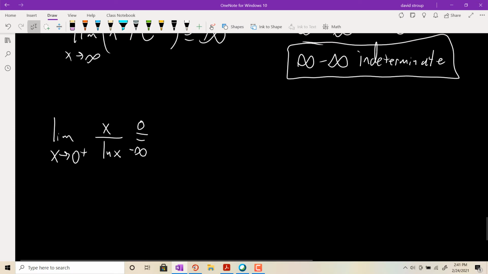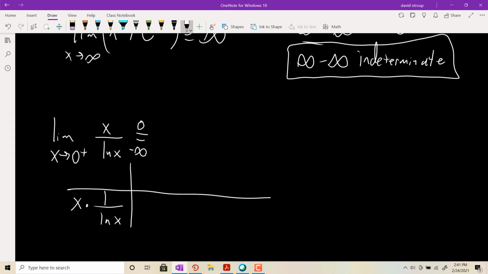You could think of it at each point as x times 1 over ln x. As you plug in values for x, let's say 0.1, you have something small times something that is getting really big in the negatives. I don't know what ln of 0.1 is.